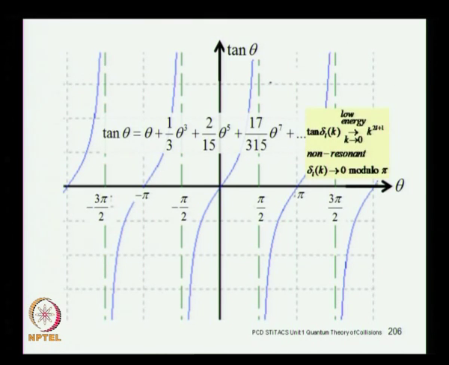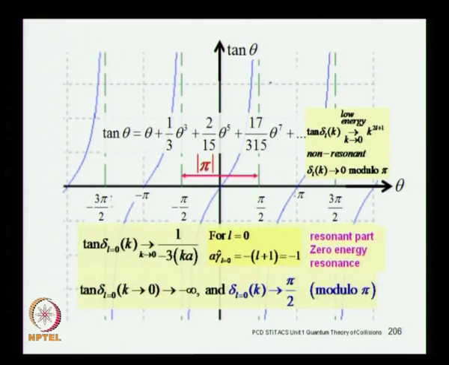In the low energy non-resonant part, we have already seen the phase shift goes as k to the 2l plus 1. So, it will tend to 0. The phase shift tends to 0 modulo pi in the non-resonant region, but in the resonant part something happens: the tangent of the phase shift does not go to 0, instead it blows up.